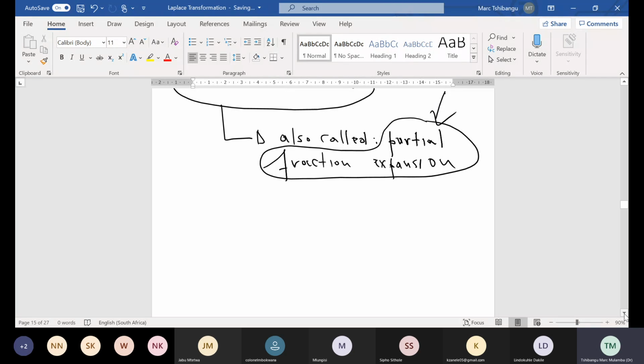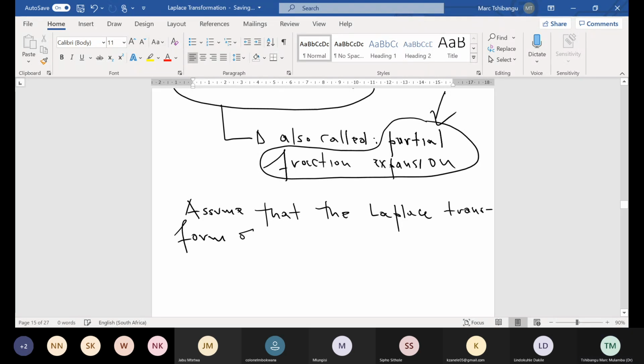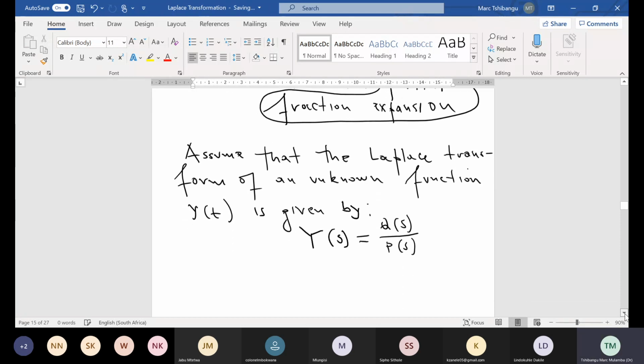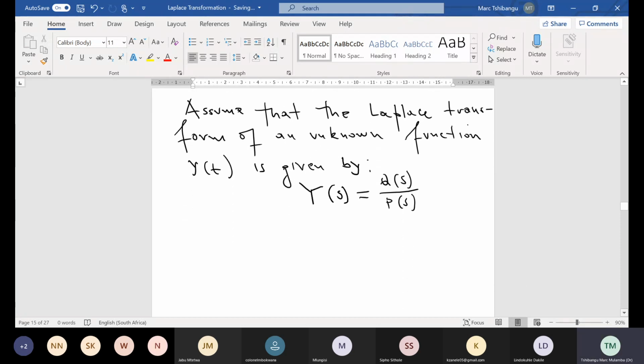So let's assume that the Laplace transform of an unknown function y of t is given by Q of s over P of s, where both Q of s and P of s are polynomials.